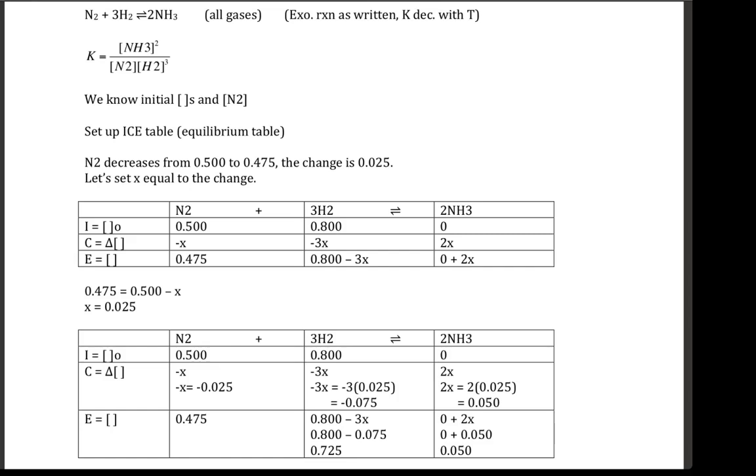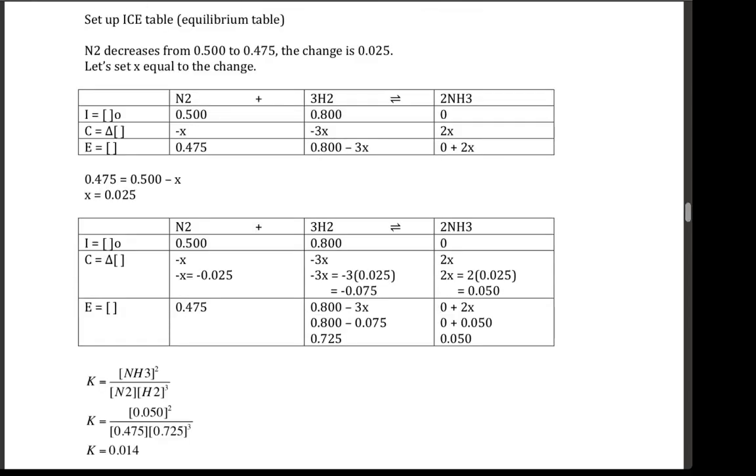So then at equilibrium, we can know what the numbers are for all of our reactants and the product. So for the H2, we have 0.800 minus 0.075 or 0.725. And for the NH3, we have 0 plus 0.050 or simply 0.050.